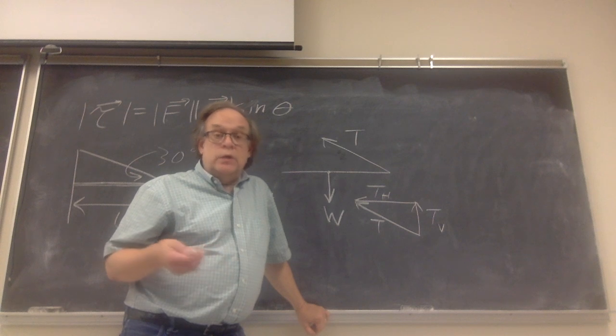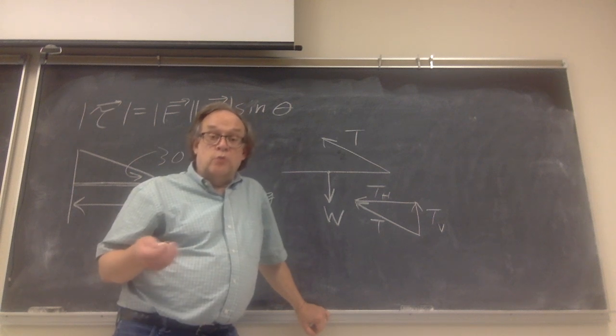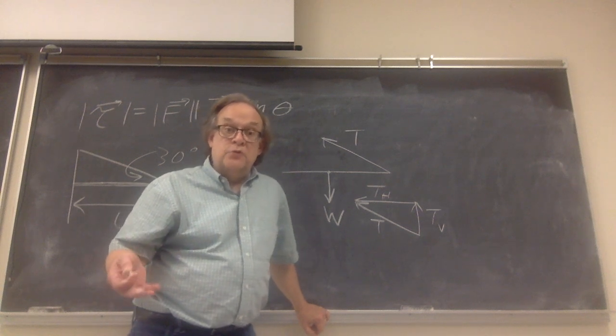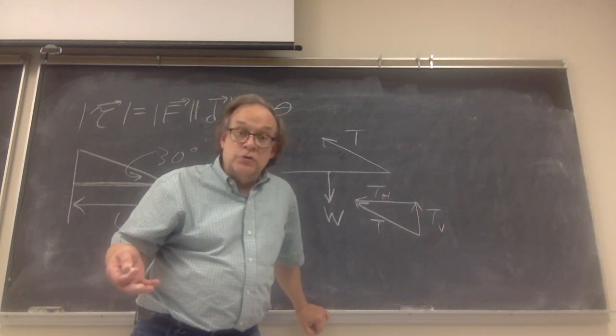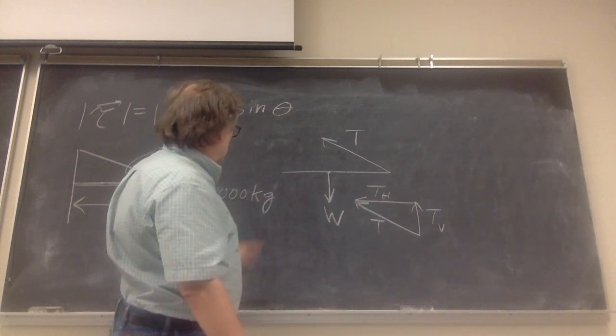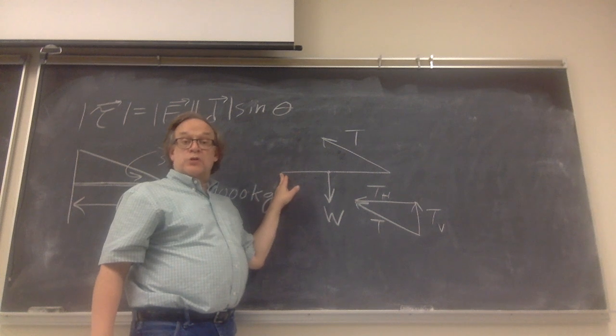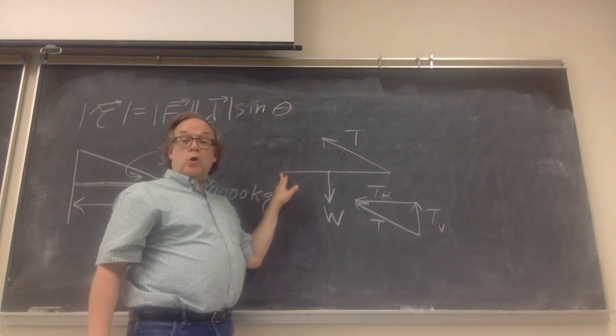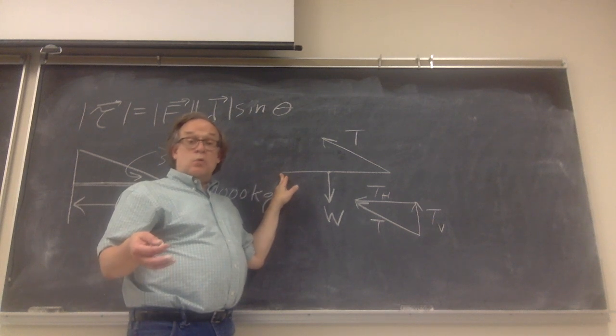And the only other place where a force could come from would be from the only other thing that's in contact with the beam, and that would be the wall over here. So we know there must be another force, a third force, from the wall on the beam, and we don't know really anything more about that force.